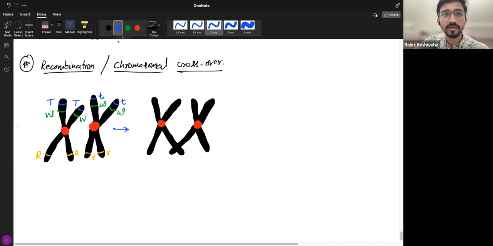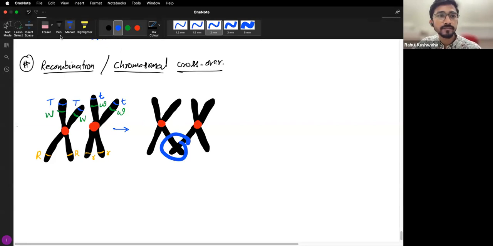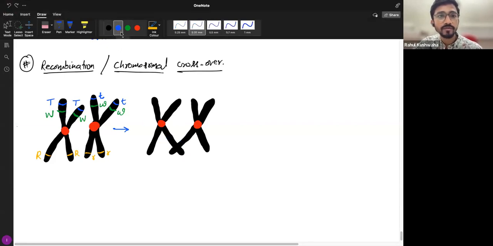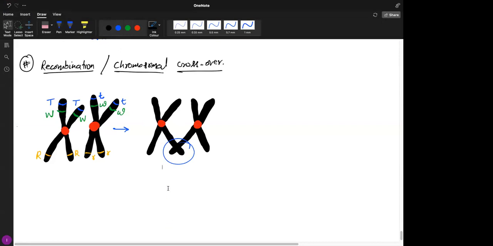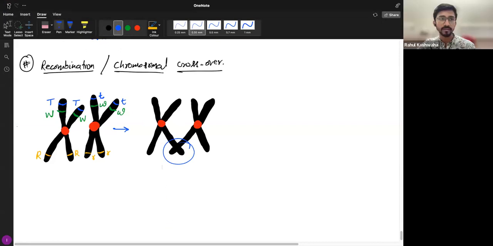Can you see here? This is called the crossing over event. Can you see this? Yes, sir. They physically cross each other.